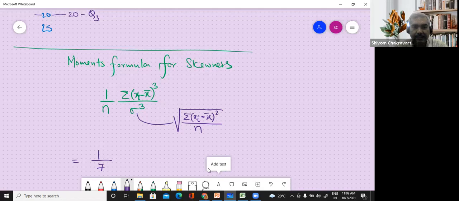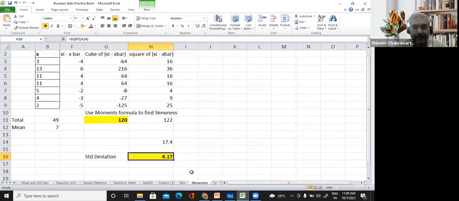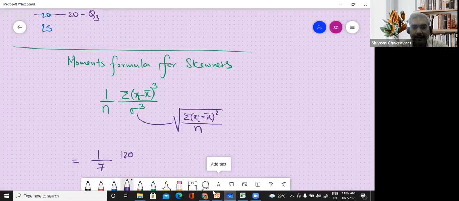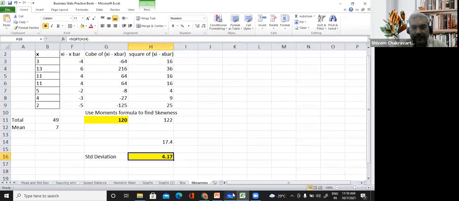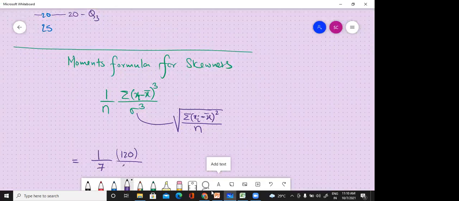Summation of that comes out to be 120 here, and divided by the standard deviation here. Standard deviation here is 4.17, cube of that.